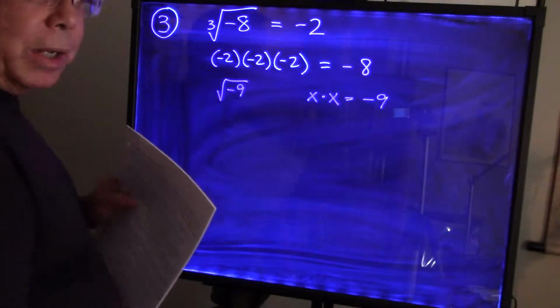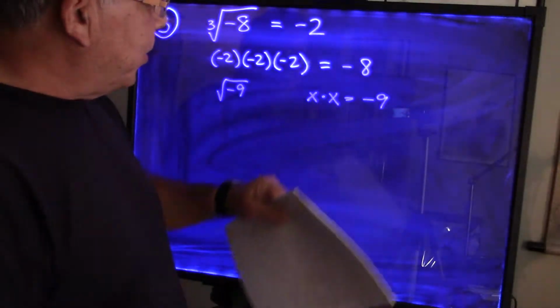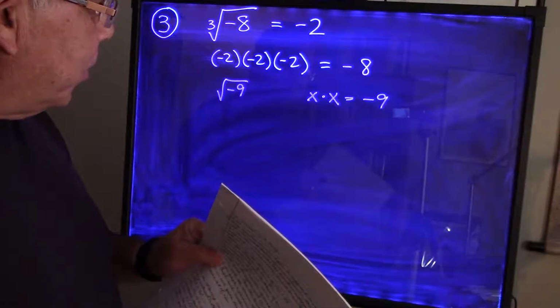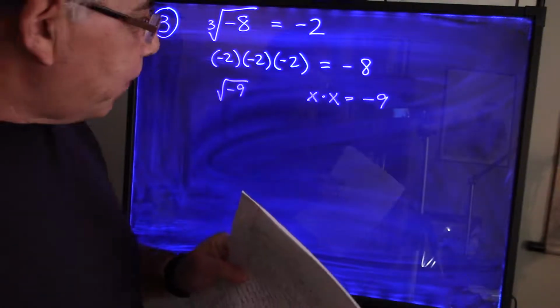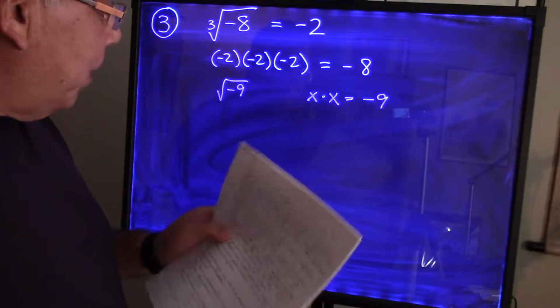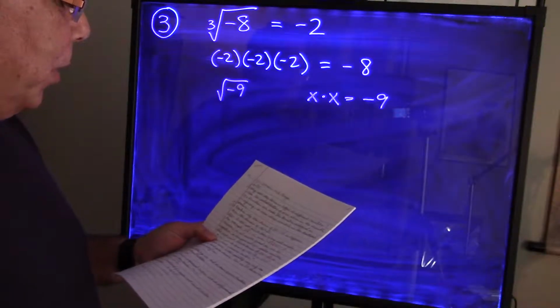The problem is that negative sign. When you multiply a number by itself, even if that number is negative, you're going to get a positive result, or you could have 0 if x equals 0. But you're not going to get a negative result. So that's why the domains are different for these two functions.